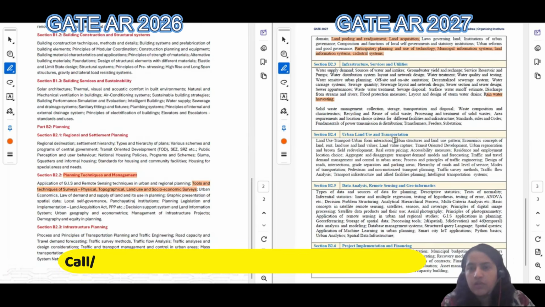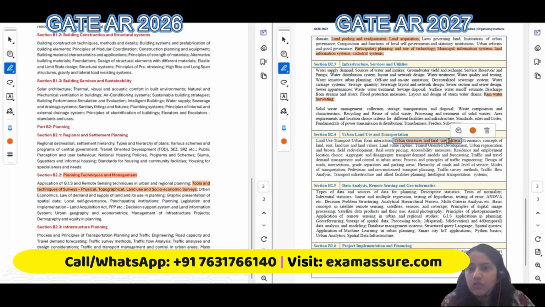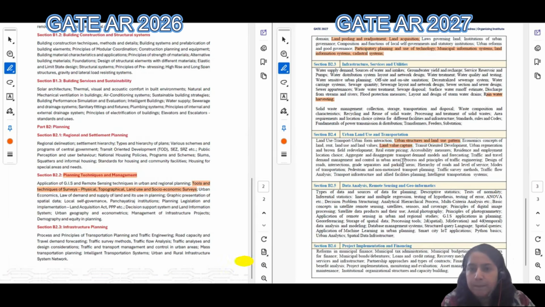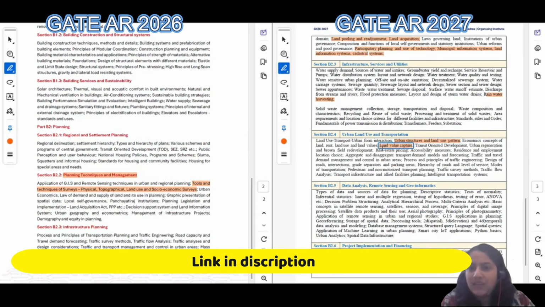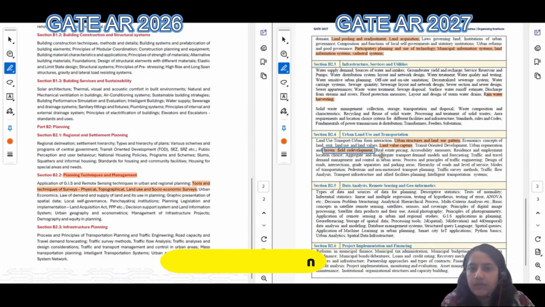Okay, so if you look at it, urban structures and land use pattern, land value capture, land use and land values, greenfield, brownfield development, real estate pricing. So these points have been specified more in detail.